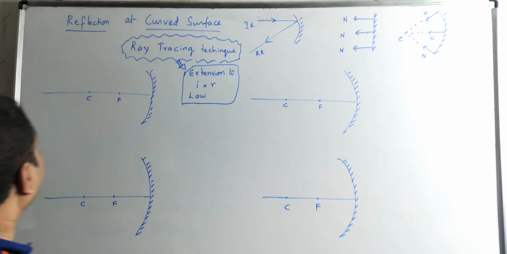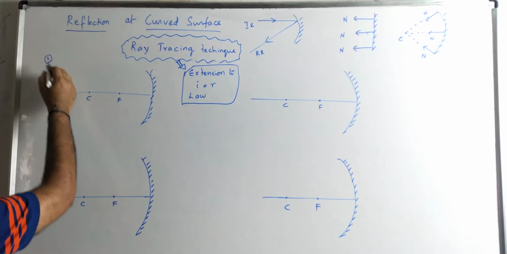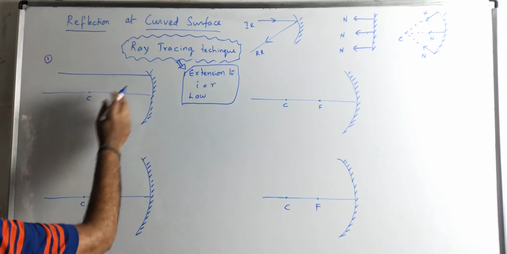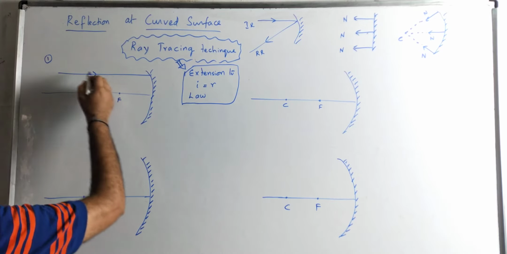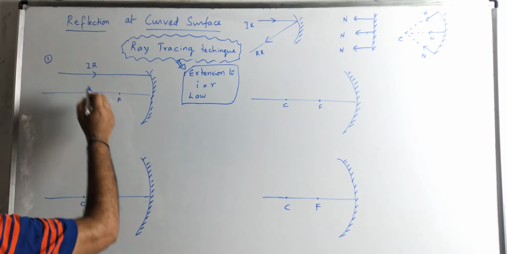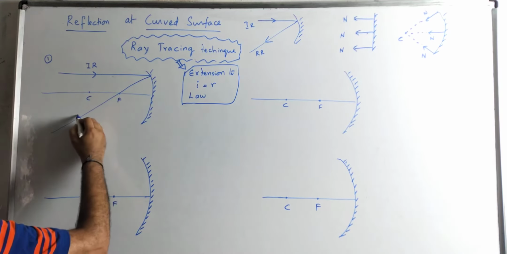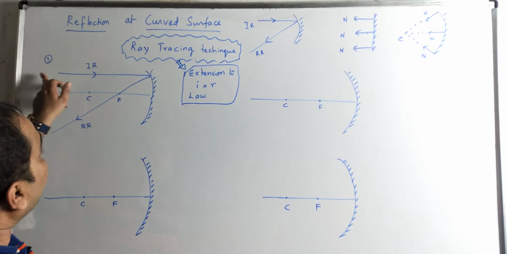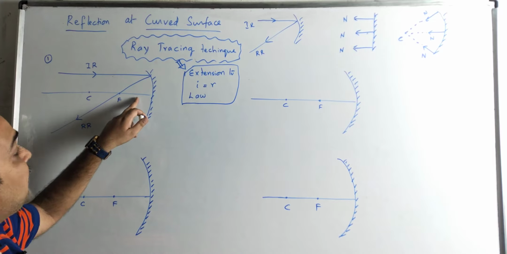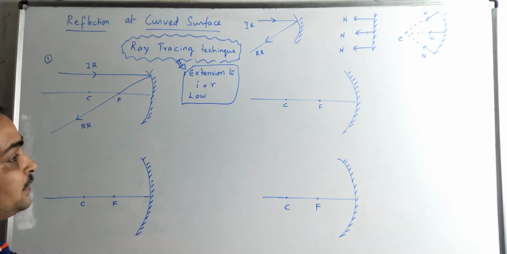So the first ray tracing technique is, if a ray comes parallel to the principal axis, this line we call it as principal axis, this is the incident ray, it passes to the focus, this is the reflected ray. So always whenever you take one ray parallel to the principal axis, that will pass through the focus.